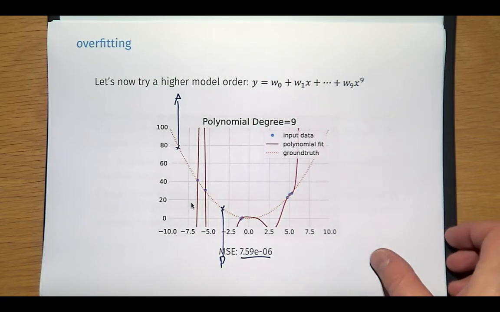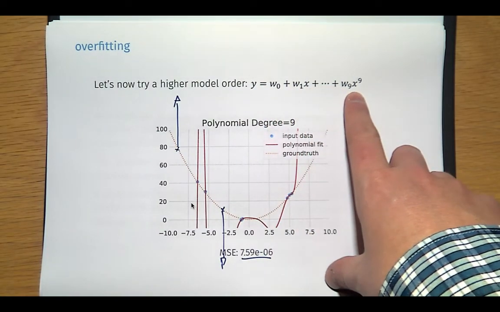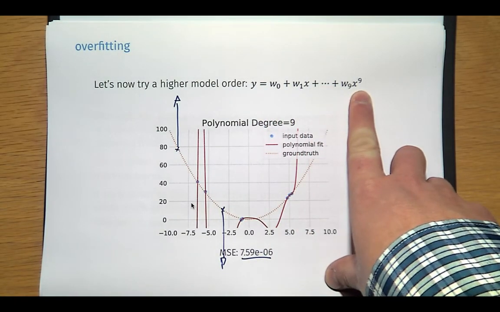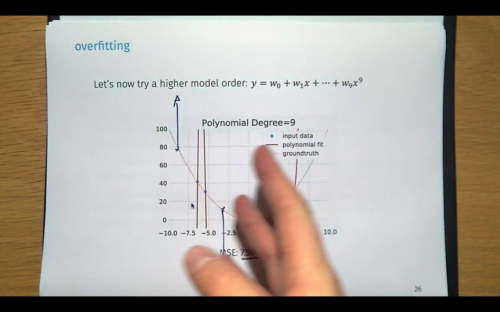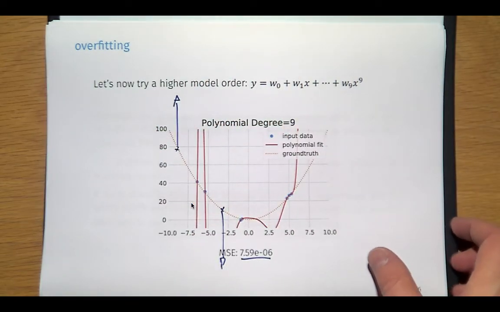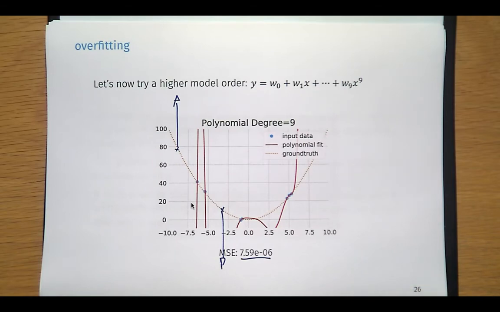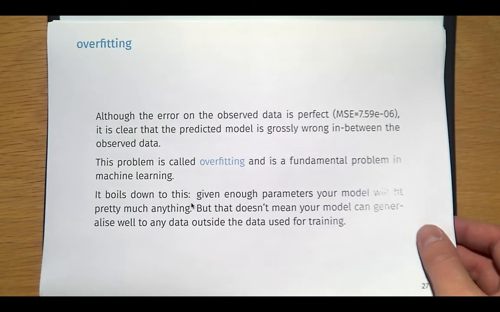By the way, here I use polynomial models, but you could have any kind of feature basis, such as cosines and sines and so on. In the slides I've used a polynomial model because it's a convenient one to write down, but the idea is the same for any kind of model or features you use. So these two problems are really at the heart of machine learning.